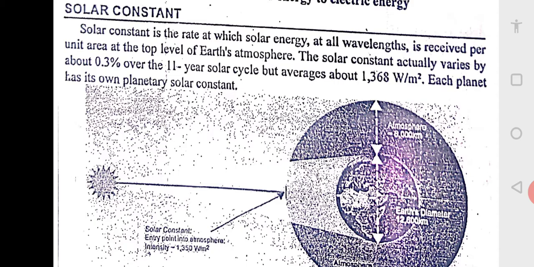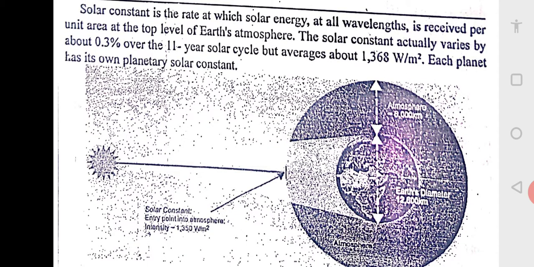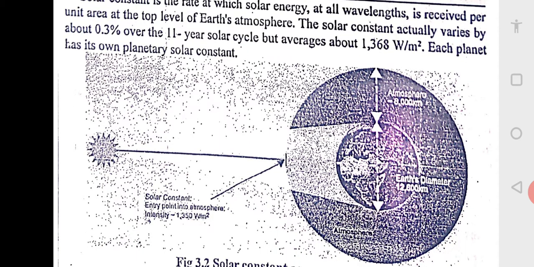So at this place, the amount of energy which comes is known as the solar constant. That energy is 1368 watts per meter square. Got it? For easy understanding we say that it is 1350 watts per meter square. This is the solar constant. It is not on the sun, not on the Earth, but outside the atmosphere, when the sunlight is entering the Earth's atmosphere.